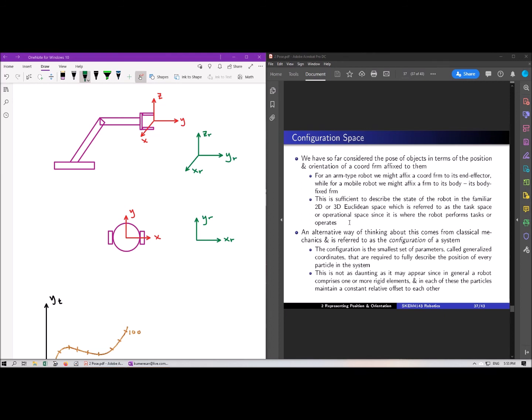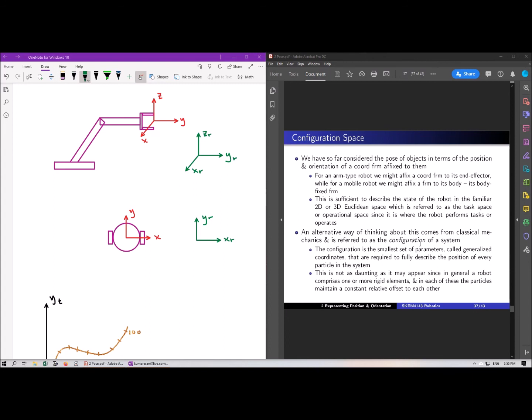Once again, until now we have learned how to describe relative poses mathematically, and that actually describes the state of our robot or of an object. An alternative way of thinking about this comes from classical mechanics, and it is referred to as the configuration of a system.